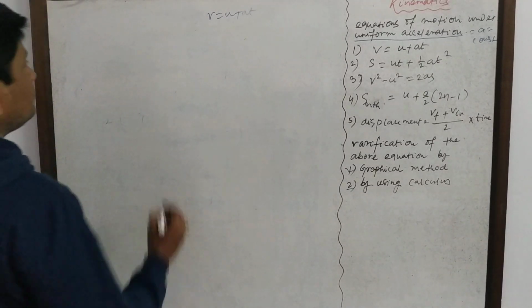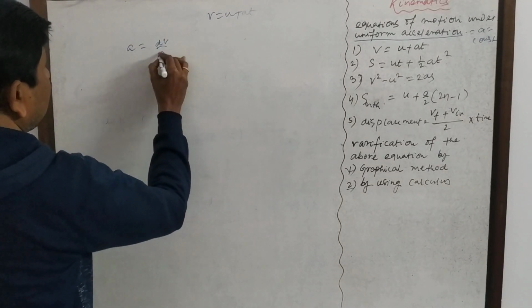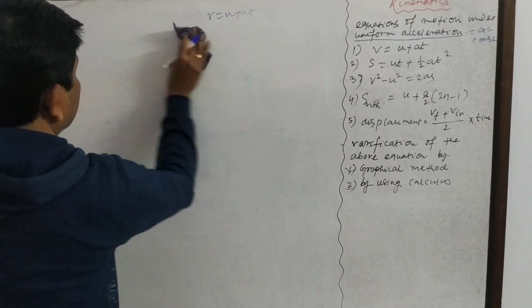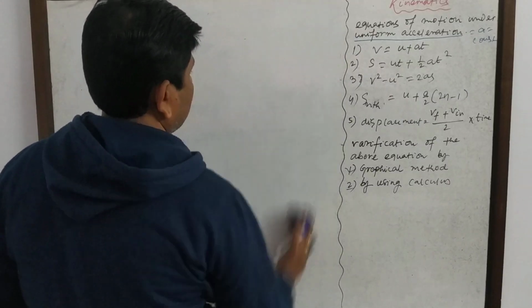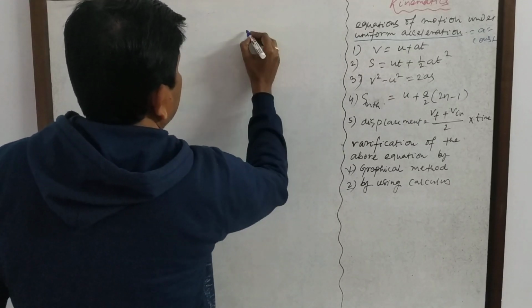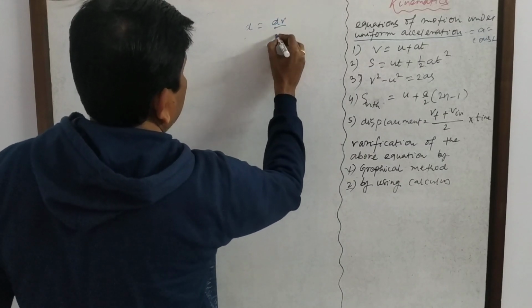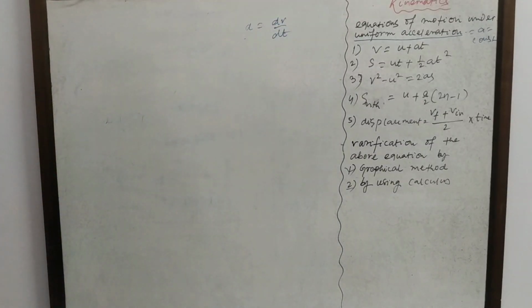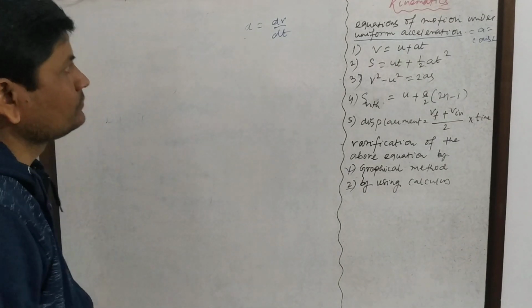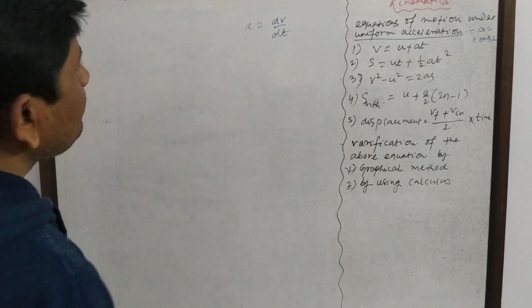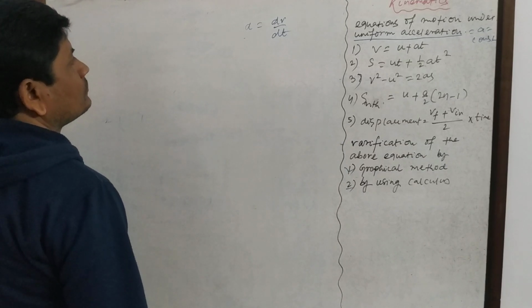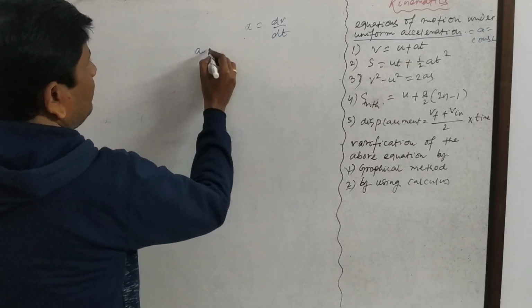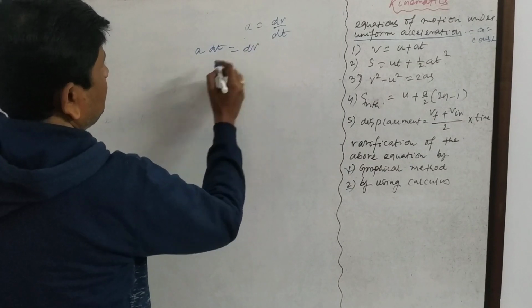Okay, we know A is equal to dV by dt. Now A dt is equal to dV.